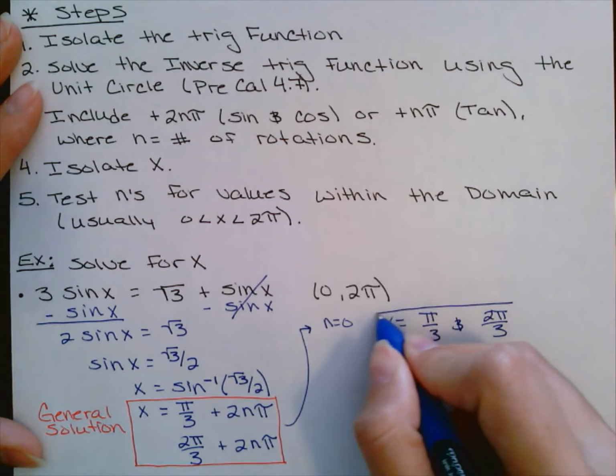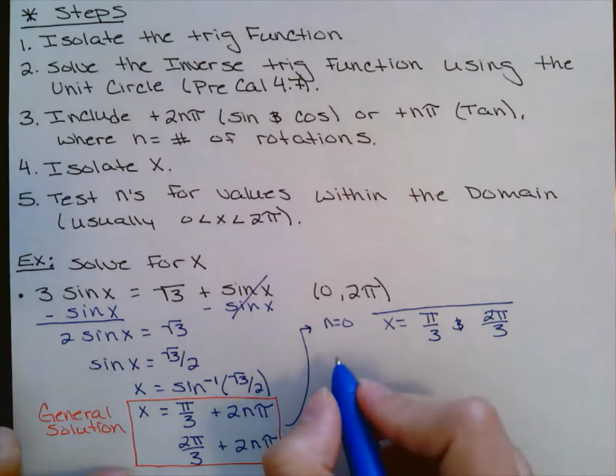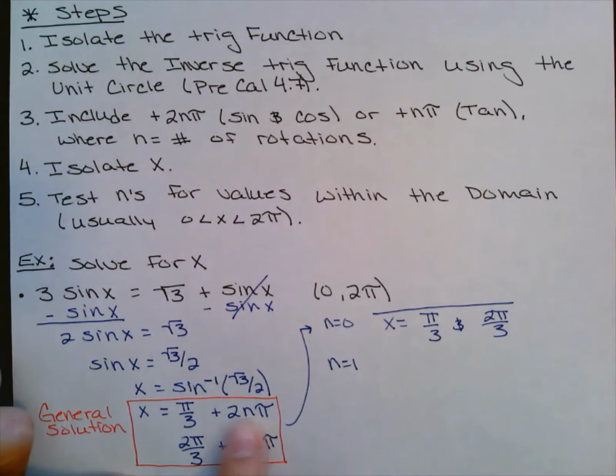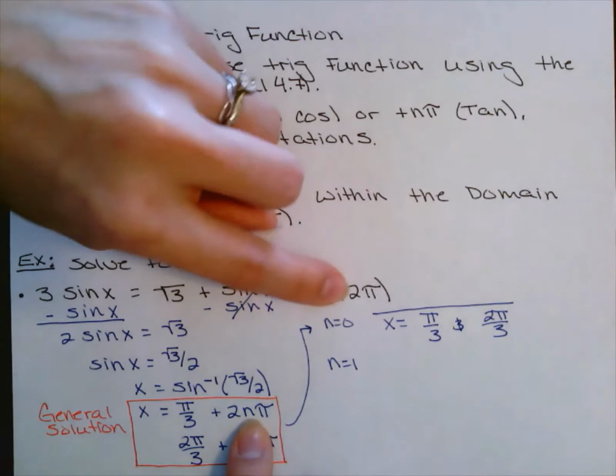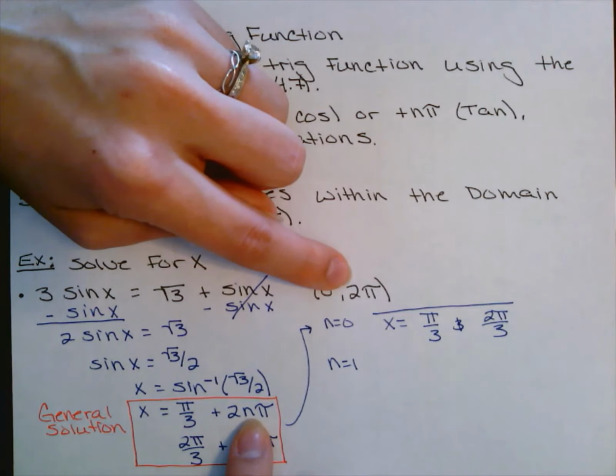Okay? Well, you know what? Let me pause on the boxing. So now if I test that n is 1, 1 times 2 times pi is 2 pi. Hopefully you start catching, I hope you agree, that if I add a 2 pi to some value, I'm definitely going to pass 2 pi and I'm going to get out of my domain.